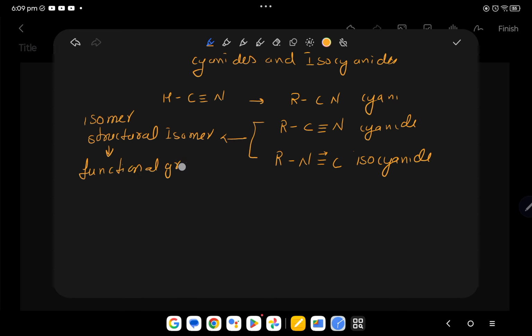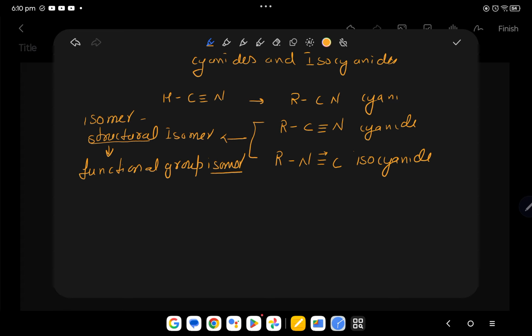So what are functional group isomers? Functional group isomers are, first, by definition, isomers having the same molecular formula but different structural formula. Correct? So structural isomers, but now we are adding functional group also.